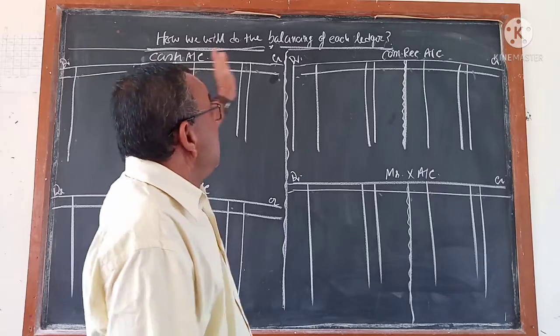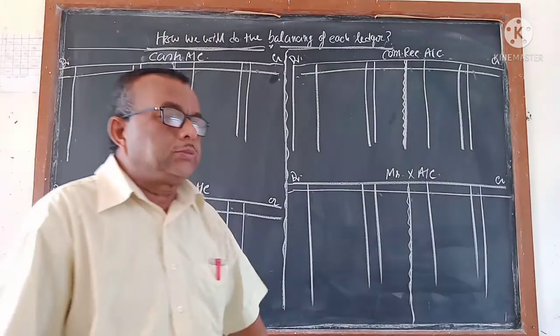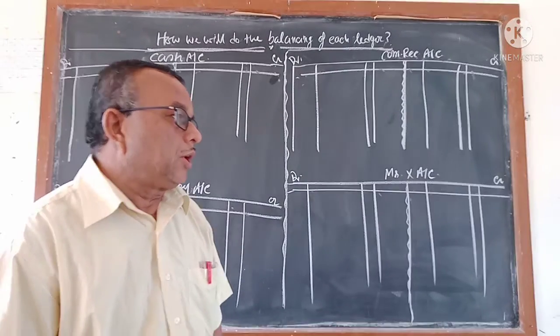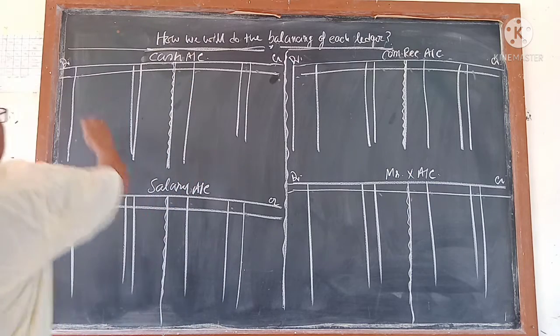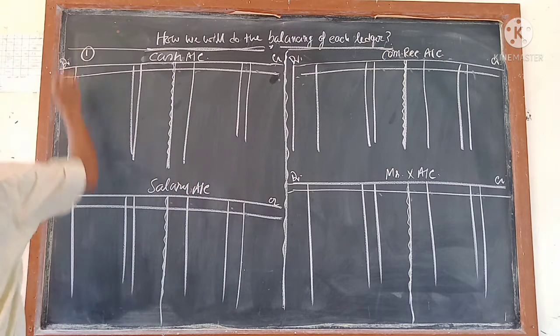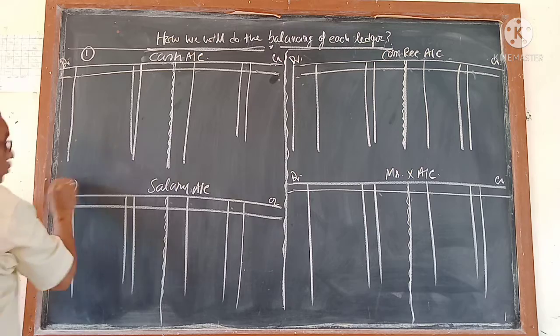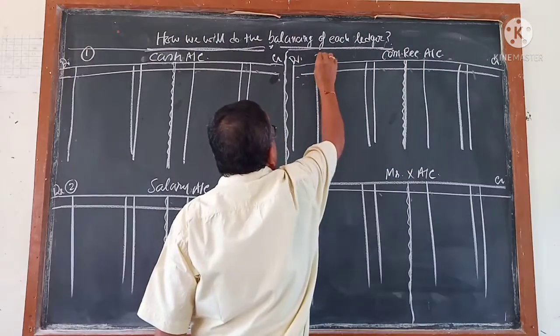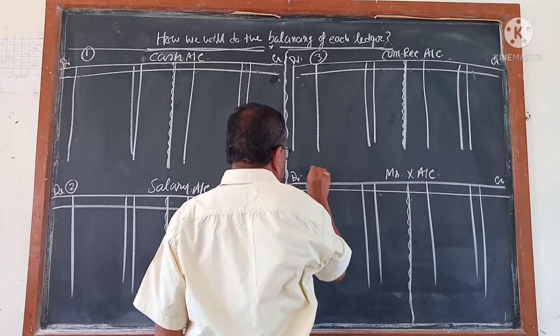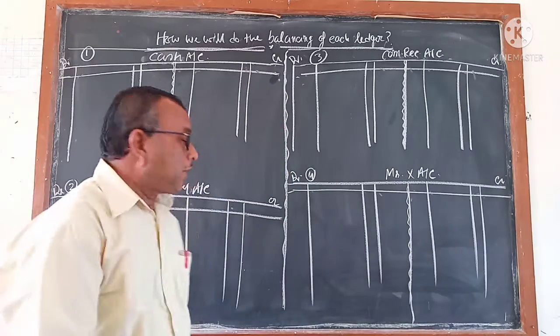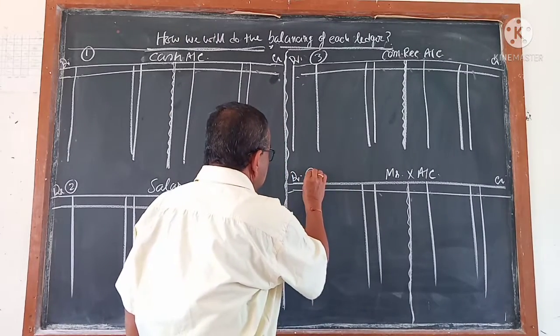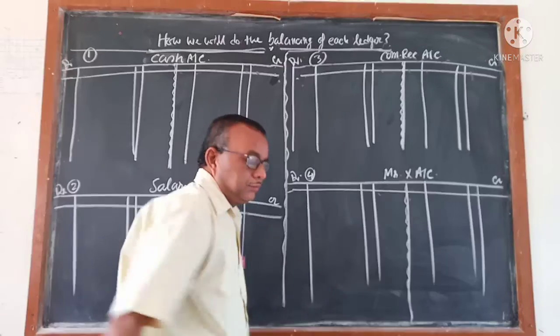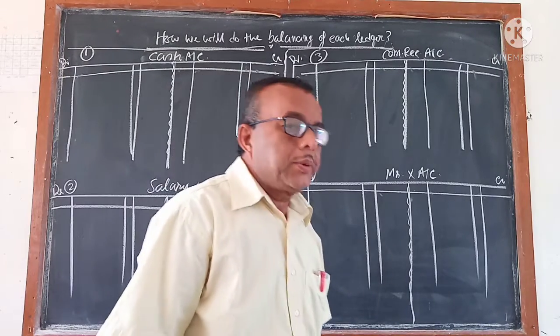So how we will do the totaling as well as the balancing of each ledger, that I will tell you. Here, I have drawn four ledgers: 1, 2, 3 and 4. Four different types of ledger formats I have drawn, and I have given the names.